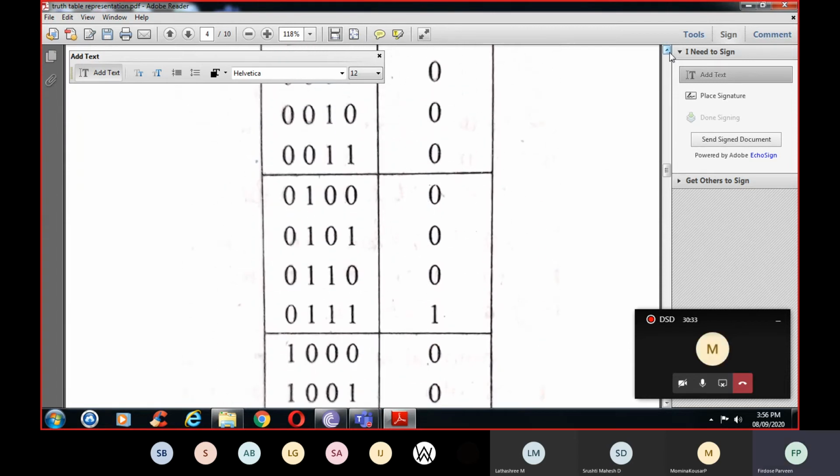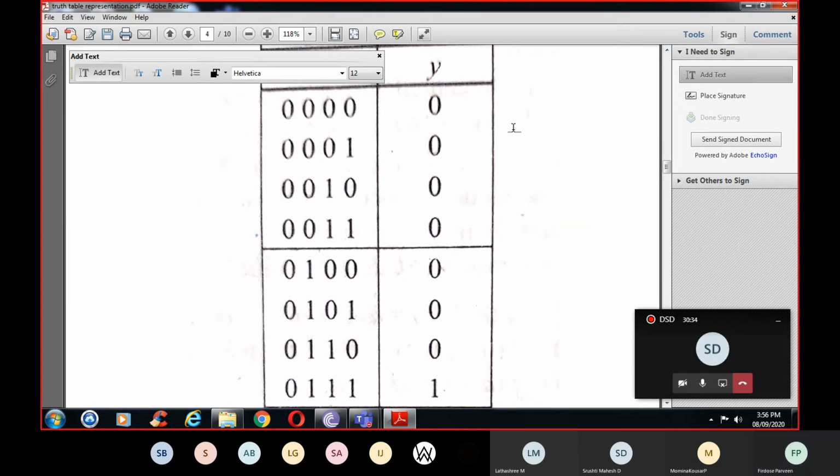How will you write? You will be writing, I'll just write here, y is equal to, where it is 1? Here at decimal notation 7. So you all know this is called 0, this is called 1, this is called 2, this is called 3, 4, 5, 6, 7. So y is equal to, what will I write?